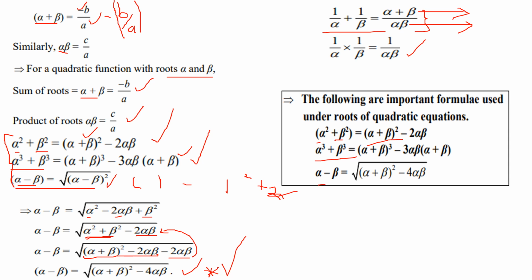And alpha minus beta squared is always going to be equal to alpha plus beta squared less 4 alpha beta. Now you have to do numerous questions about this topic so that you keep using these formulas, otherwise you're going to forget everything.